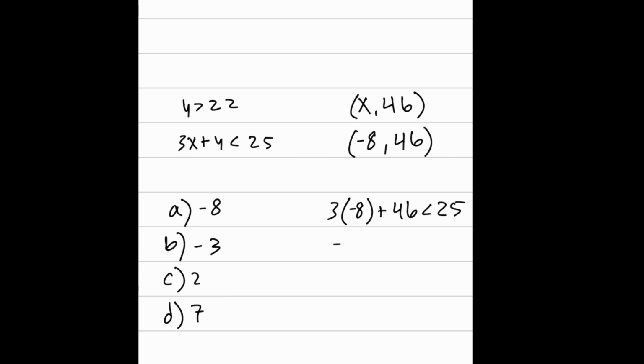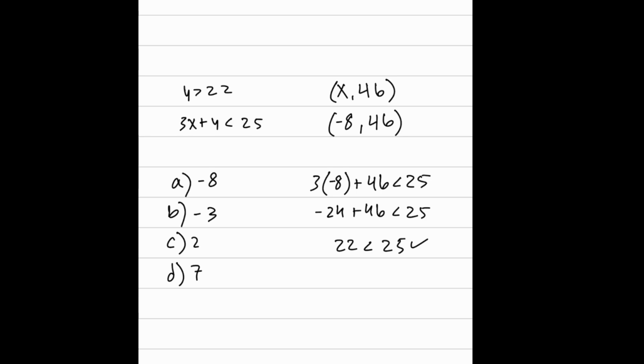Let's see. -24 plus 46 is less than 25. If we add -24 plus 46, that should be 22, I think. 22 is less than 25. So that actually also works, right? So this first answer choice A, where x equals -8, that should work, right? So we would go with A.